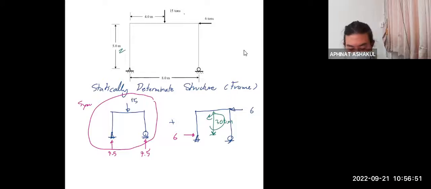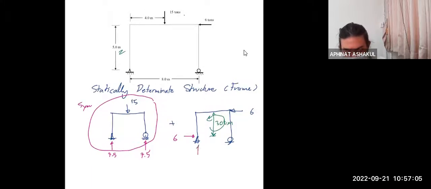I'm going to give the force, but look, the external force does not have a vertical component. So you should know right away that your reactions must be equal and opposite. Otherwise, your sigma Fy is busted. Can you feel the equilibrium?